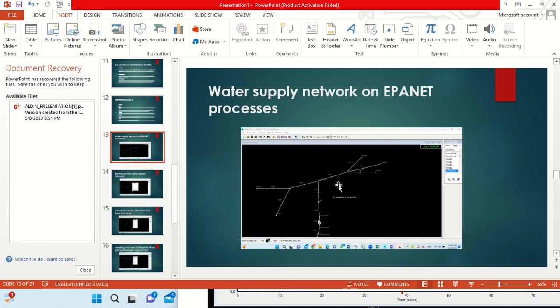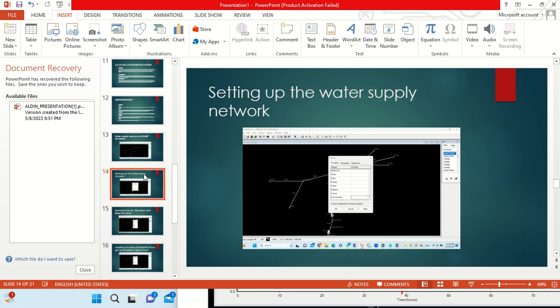As you can see in the diagram, I've also plugged in all the details that were required by the local municipality.